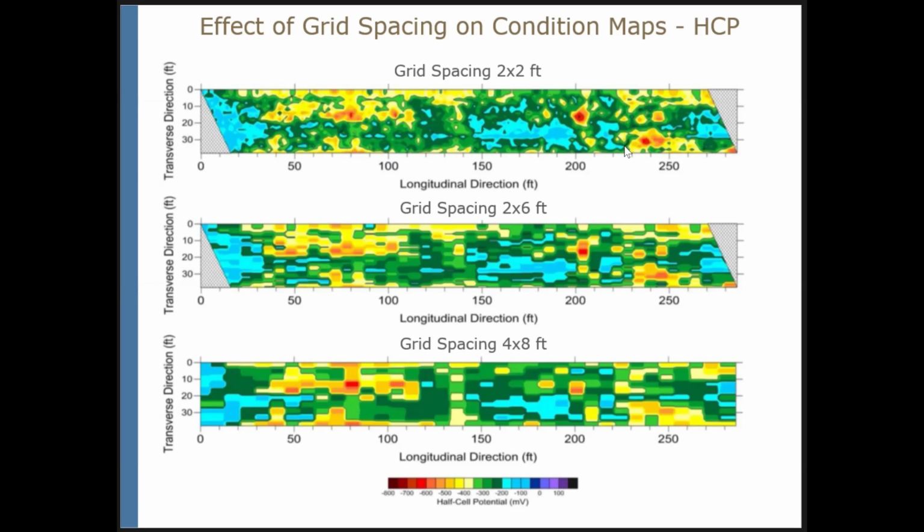And what we have, for example, shown is that while we conduct project level surveys on a 2x2 foot grid, if you compare these maps from the top, 2x2 foot map, grids 2x6, 4x8, well, they look a little bit different, but not that significantly.